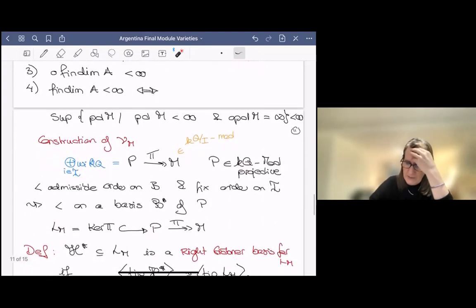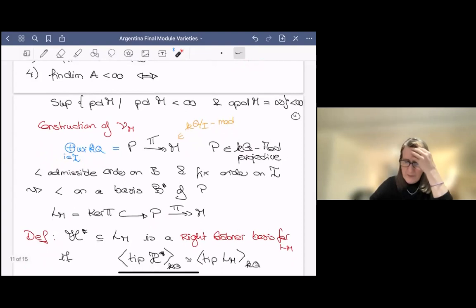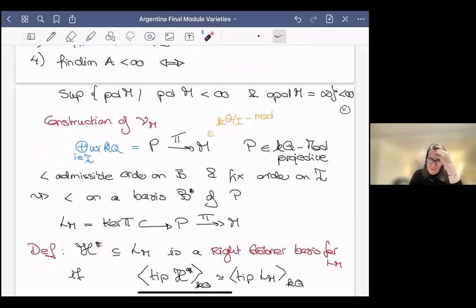Okay, so now what is a right Gröbner basis for that kernel? Well, it's a subset H star. I put stars just so that we don't confuse it with the non-commutative two-sided Gröbner basis theory.